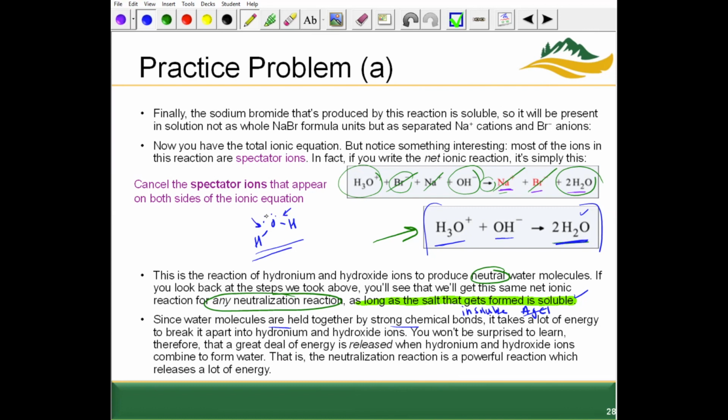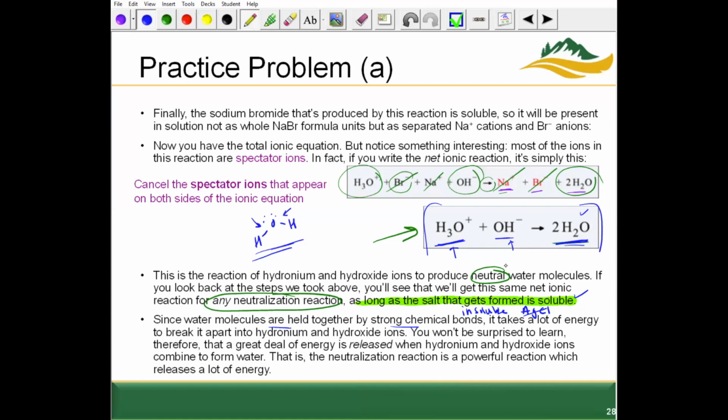That means that just spontaneously, we're not going to have water dissociate back into hydronium ions or hydroxide ions. The presence of these hydronium ions in solution is what makes a solution acidic. The presence of these hydroxide ions in solution is what makes a solution basic.